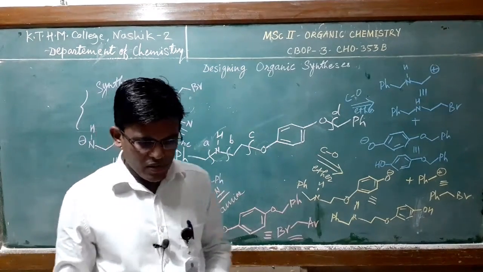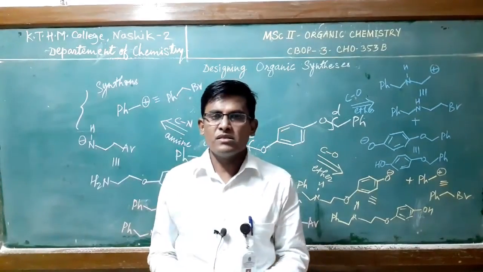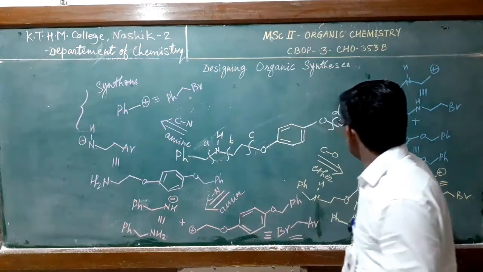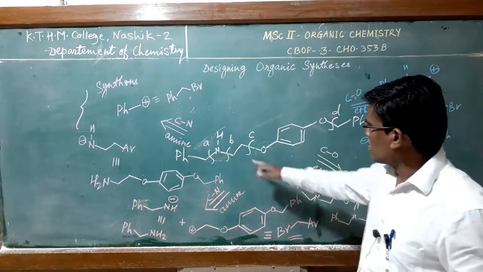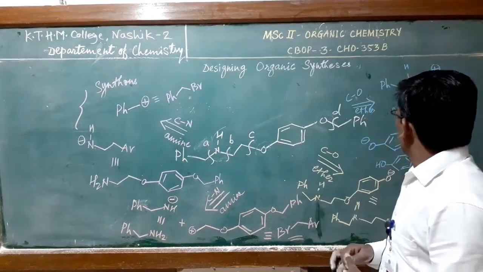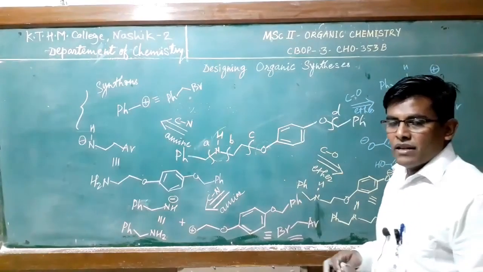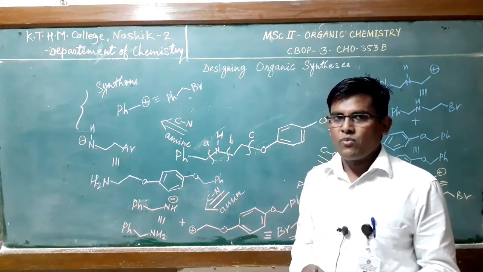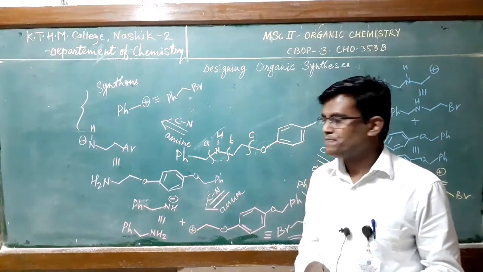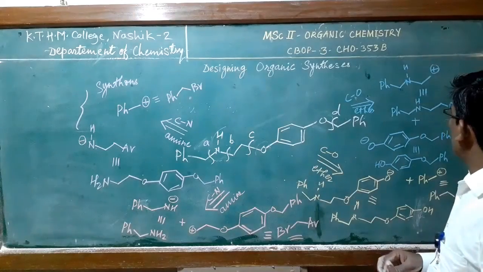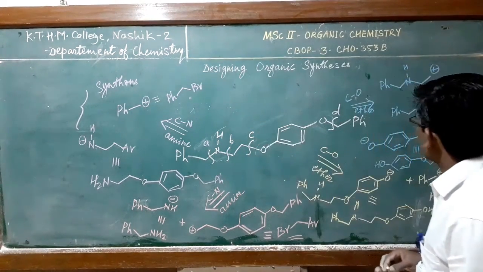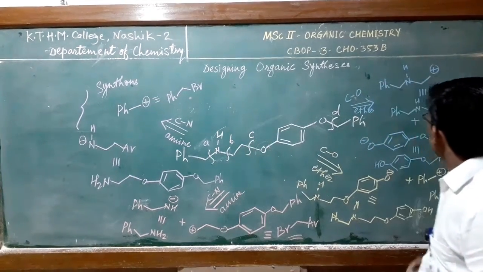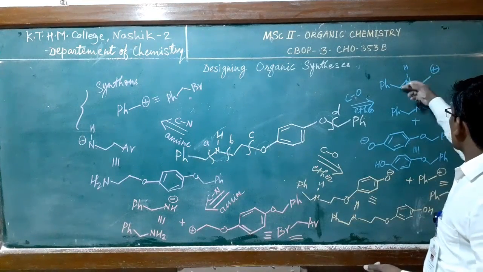So out of these 4 disconnections, when you consider C and D disconnections, which have CO cleavage, both the C and D disconnections pose a chemoselectivity problem. Let's consider C for example. When you cleave this CO bond, you will get these fragments.